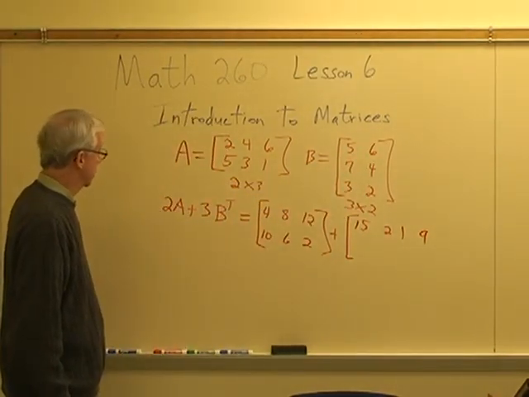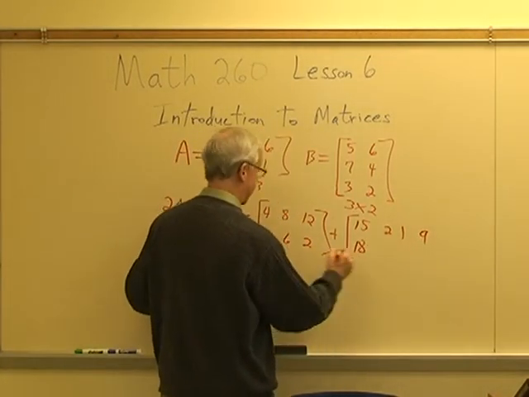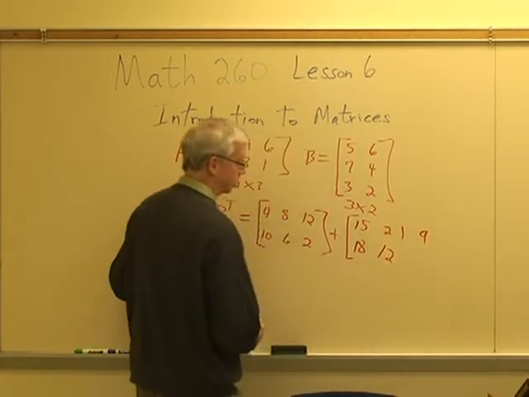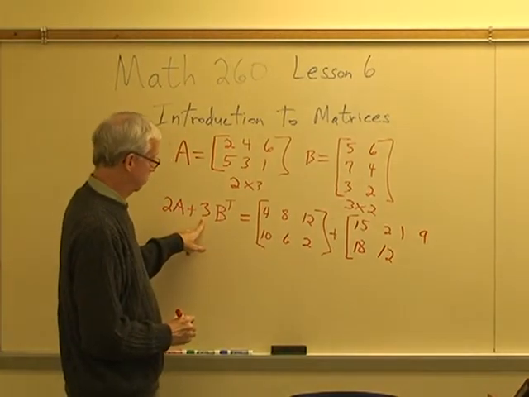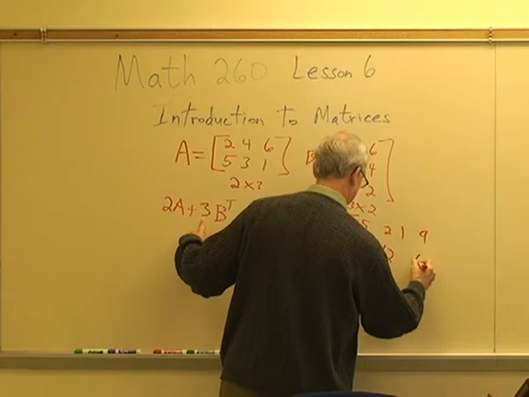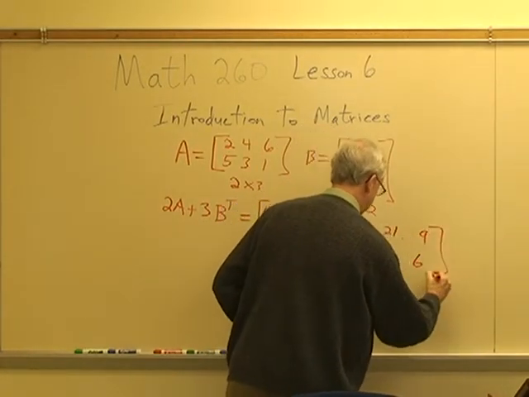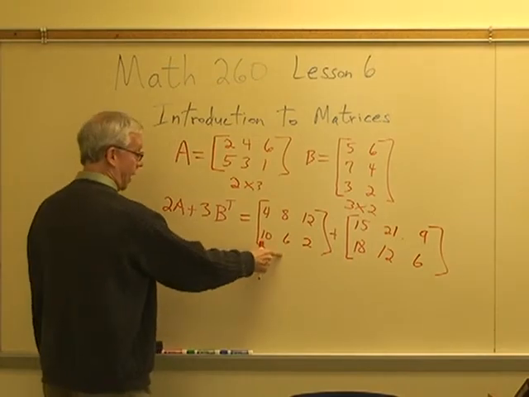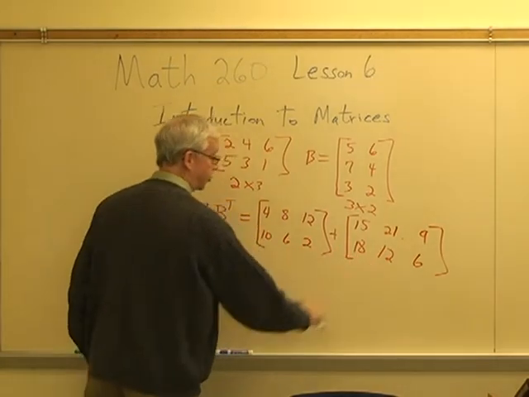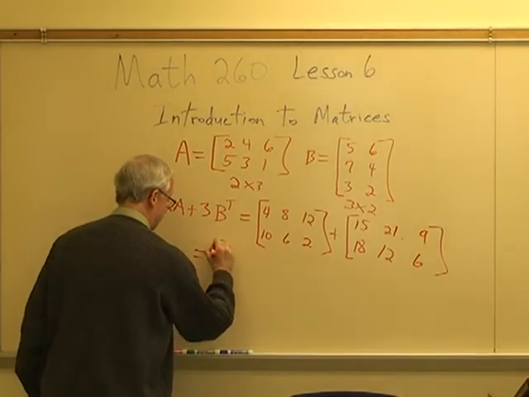And so I'm transposing. So 3 times 6, and then 3 times 4, and then 3 times 2. So this is 2A, and that's 3 times B transpose. And now I do the addition in the usual way.